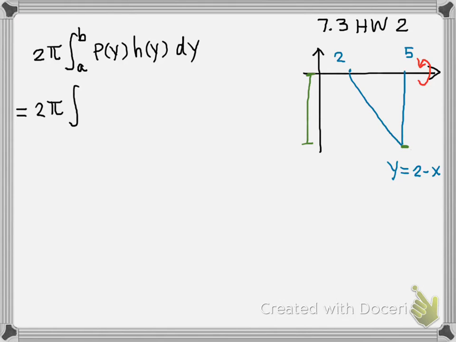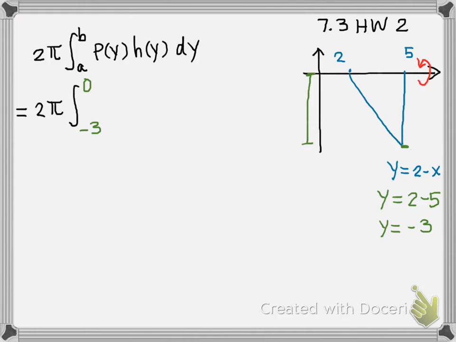And the y value for that point is x equals 5 on the line y equals 2 minus x. So we plug in x equals 5 to solve for y. So y equals 2 minus 5, and 2 minus 5 is negative 3. So we know the y range is from negative 3 to 0.